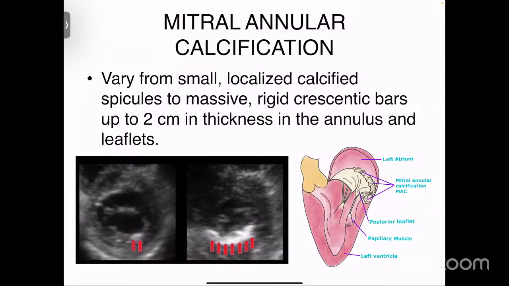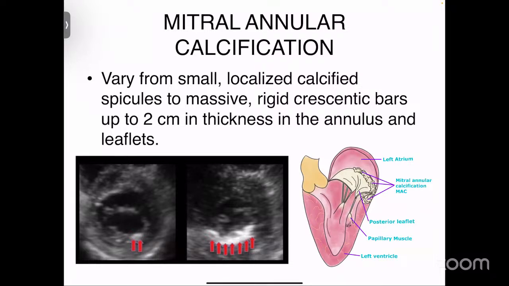There are certain complications involving mitral annular calcification. These include left ventricular dysfunction and interruption of the conduction system, particularly the AV node or the penetrating bundle.